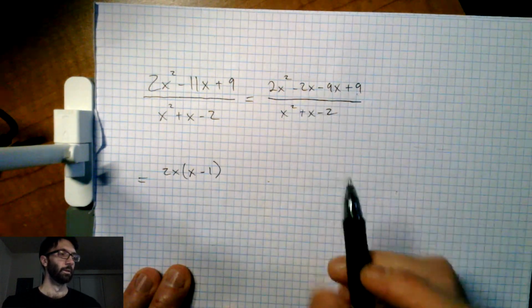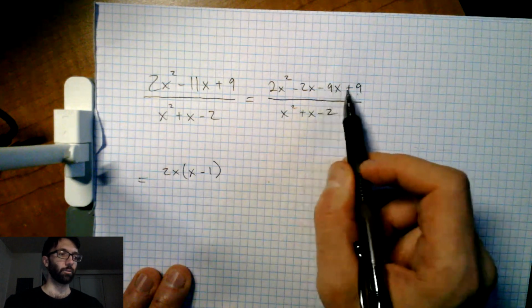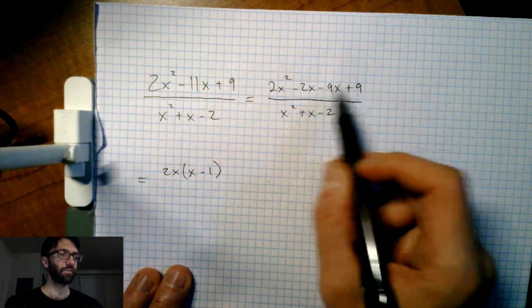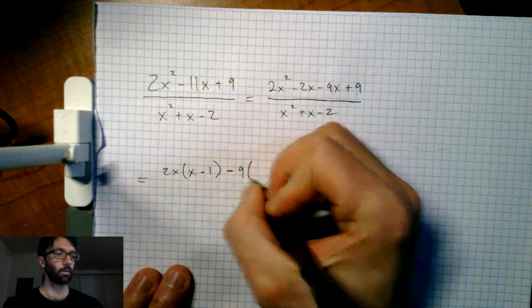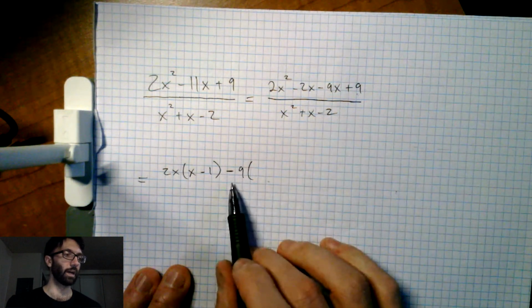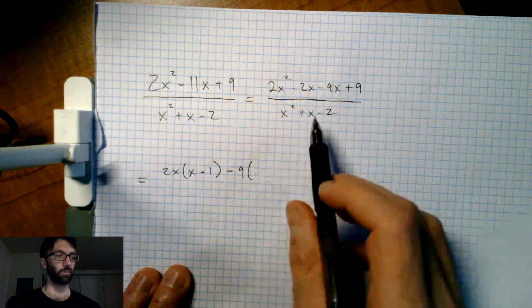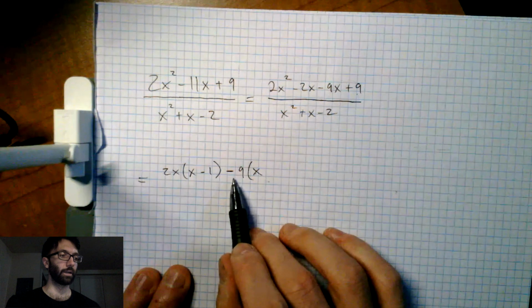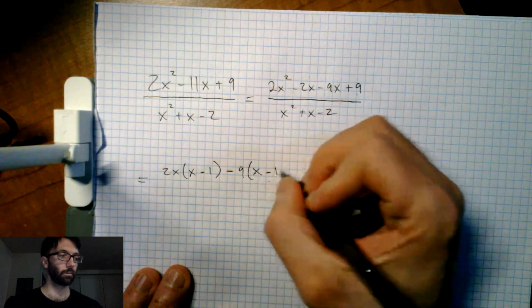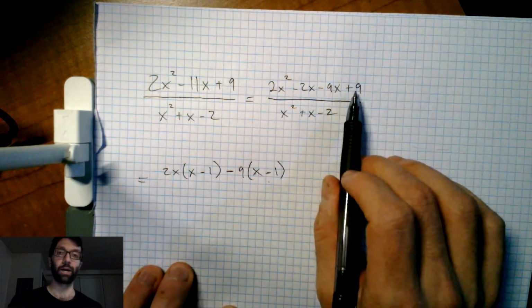Okay. And now from the second group here, I'm going to factor out a negative 9. Okay, and negative 9 times x will give me my negative 9x. And negative 9 times negative 1 will give me my positive 9.